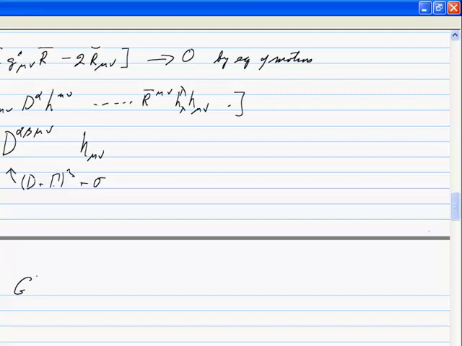G_A is the fourth root of g, D^nu h_mu nu minus 1/2 D_mu h^lambda_lambda, times v^mu_a. Here's our Vierbein field.